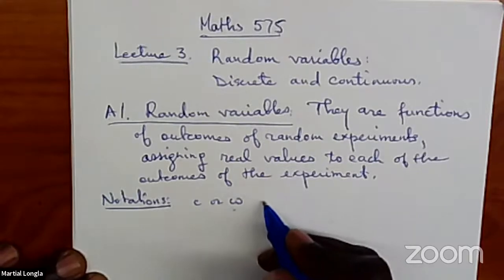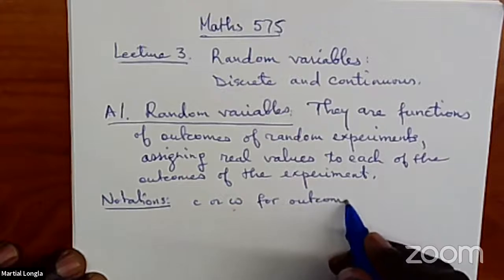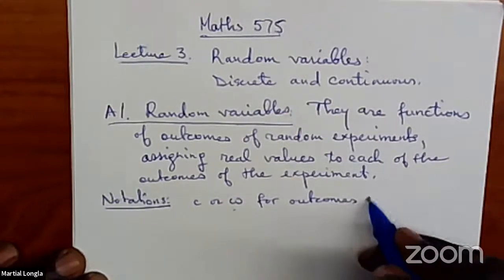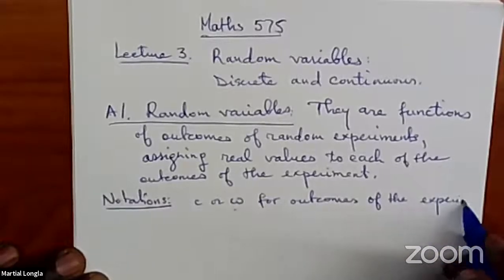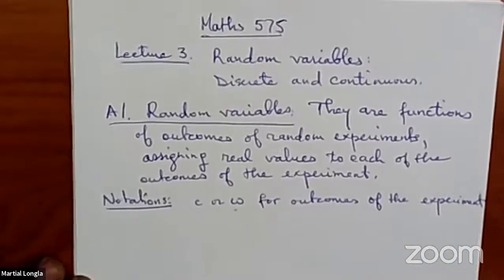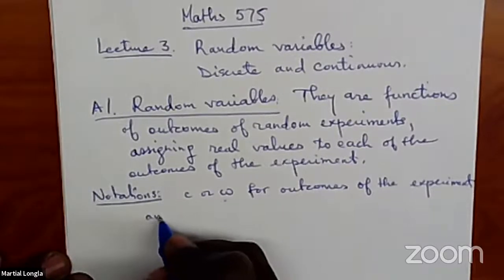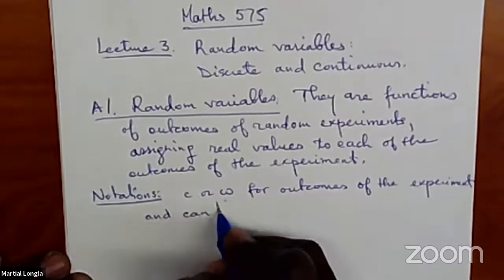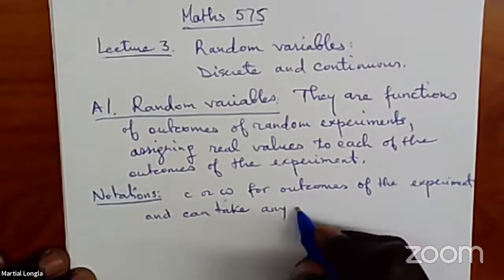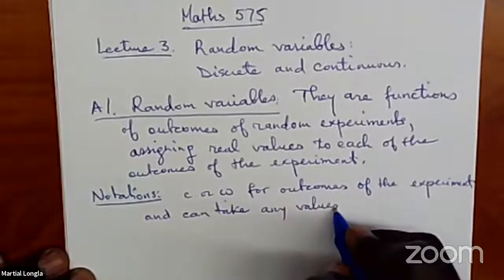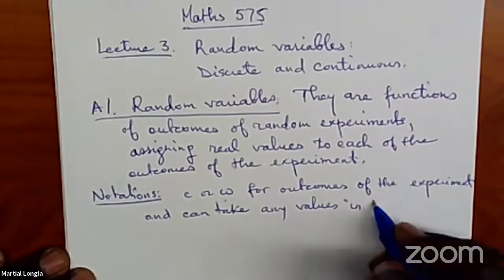So C or omega is going to be for outcomes of the experiment, and take any values in the sample space.